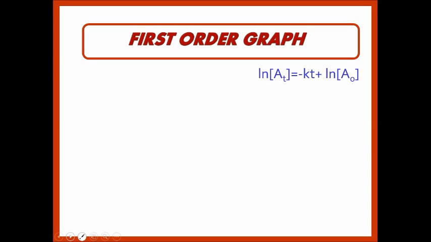So looking at a first order plot for a first order reaction, remember that our integrated rate law here is that the natural log of the concentration at a time is equal to the negative rate constant times time plus the natural log of the initial reactant concentration. And so again, this plot is going to be analogous to y equals mx plus b.